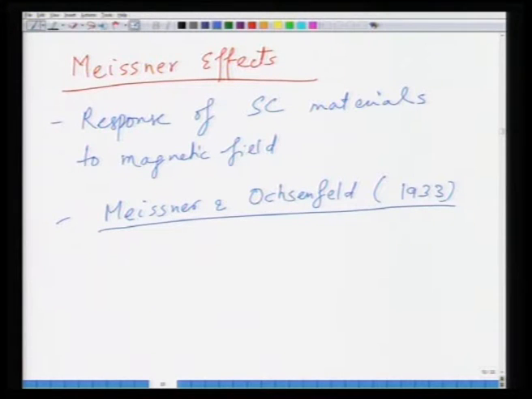What they discovered was that when a superconductor is placed in a magnetic field beyond a certain field, called the critical field Hc, superconductivity does not exist, it vanishes. So even if you are below Tc, the material does not remain superconducting if you keep on applying the magnetic field beyond a certain extent.